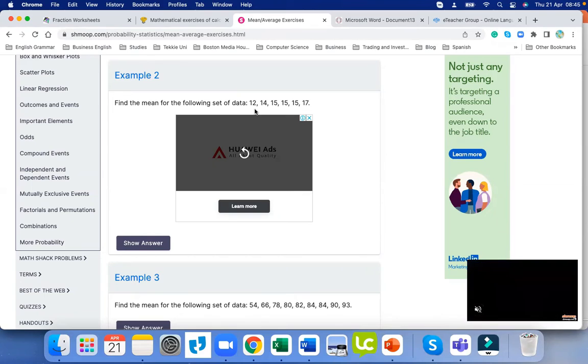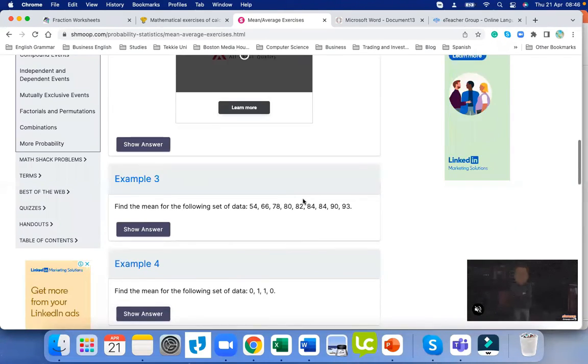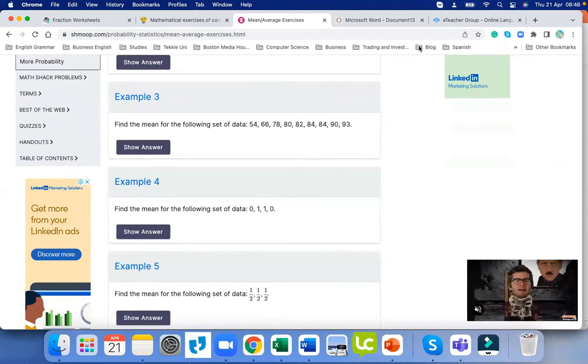Cool, 14.6 will give us 15. Excellent. Okay, let's do the last one, example number 3.